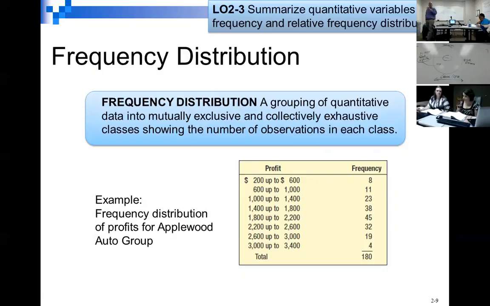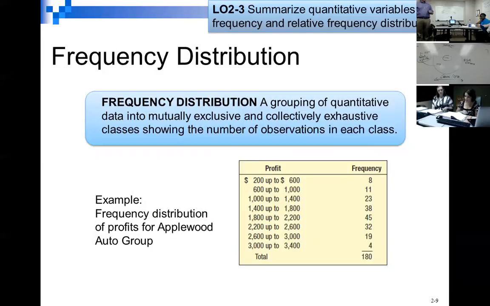here what I'm replacing it with is the term class. So profits from one class would be the profit of $200 up to $600. And we are going to count the frequency that falls within that range.